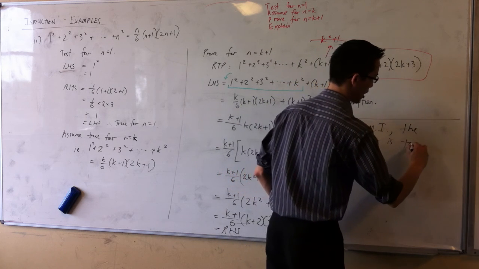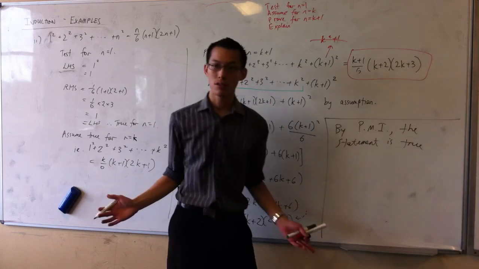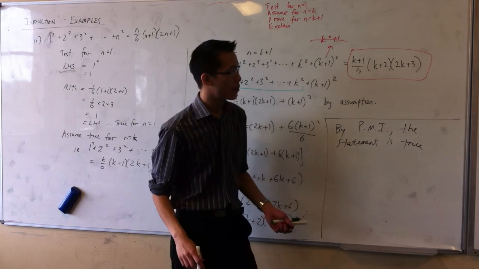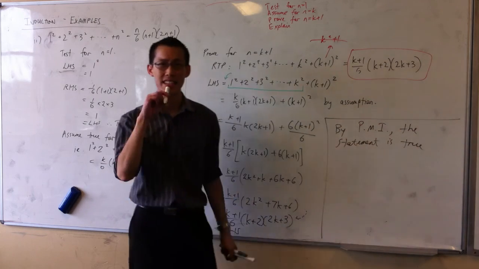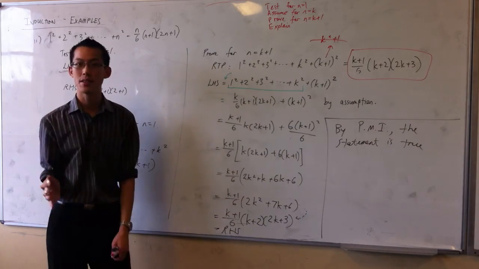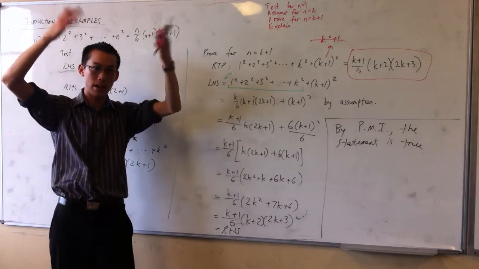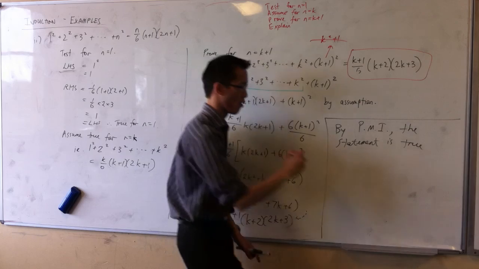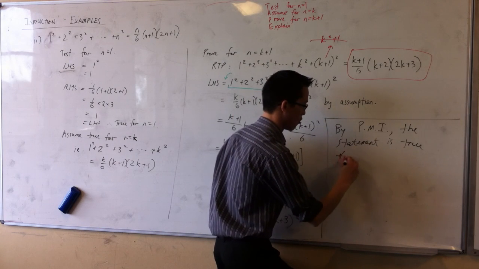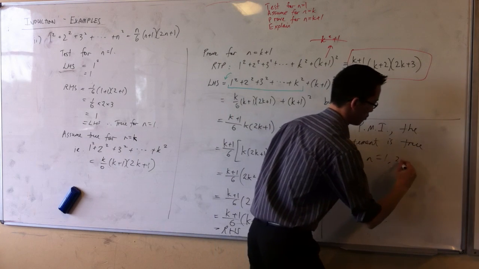And the last thing you just have to be careful for is what values it's true for. Some of the examples I'm going to give you later today, if we get there, for things like divisibility, they're often true only for certain values and up. Here we're just n equals 1, 2, and 3.